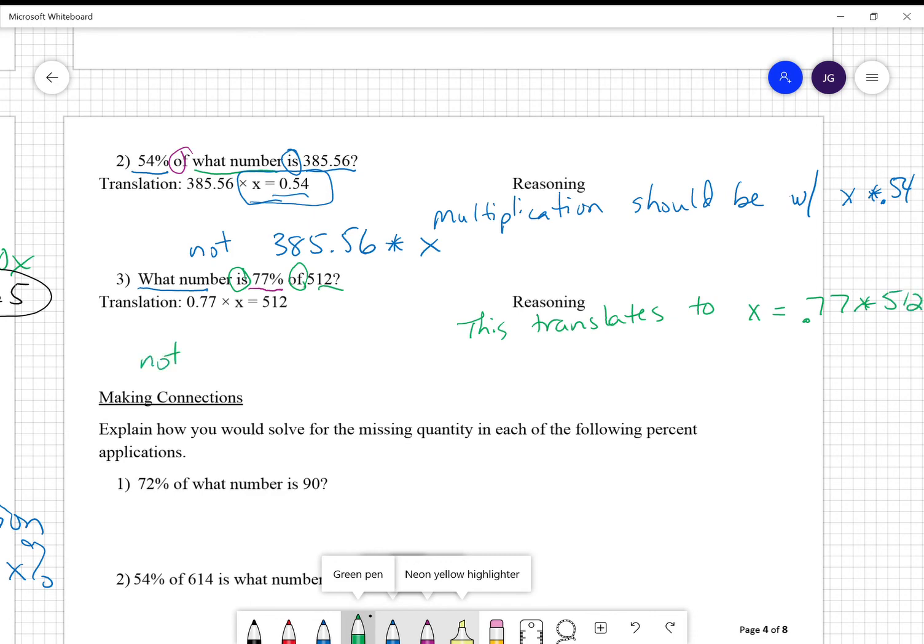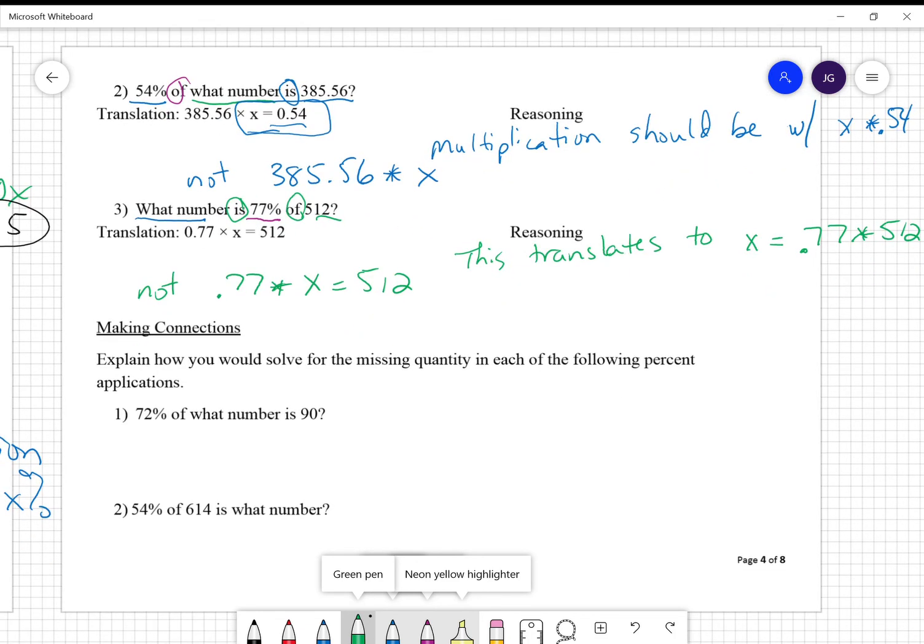Not 0.77 times X equals 512. Okay, in the next section, it says explain how you would solve. So I'm just going to mix these up. I'll do some with translation, some with box method, and some with is over of.